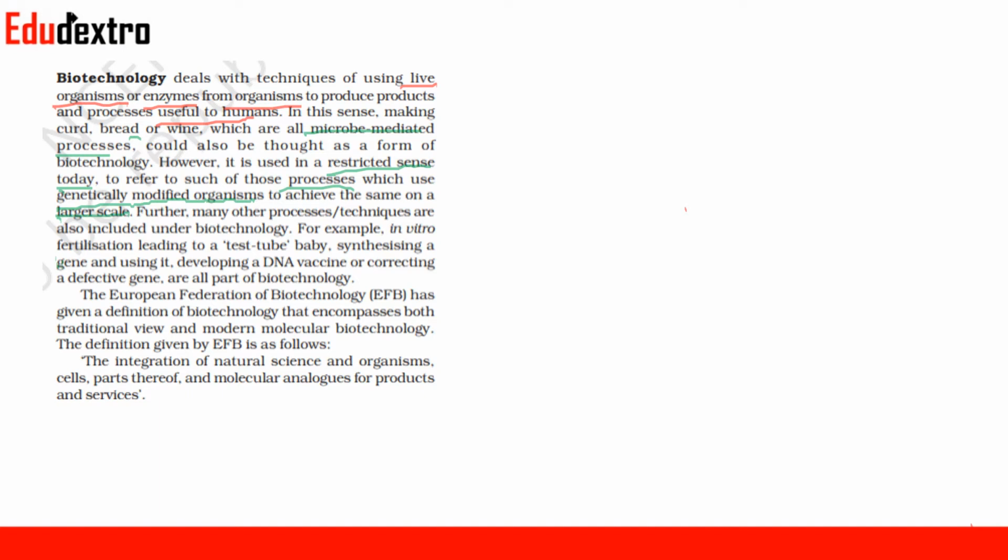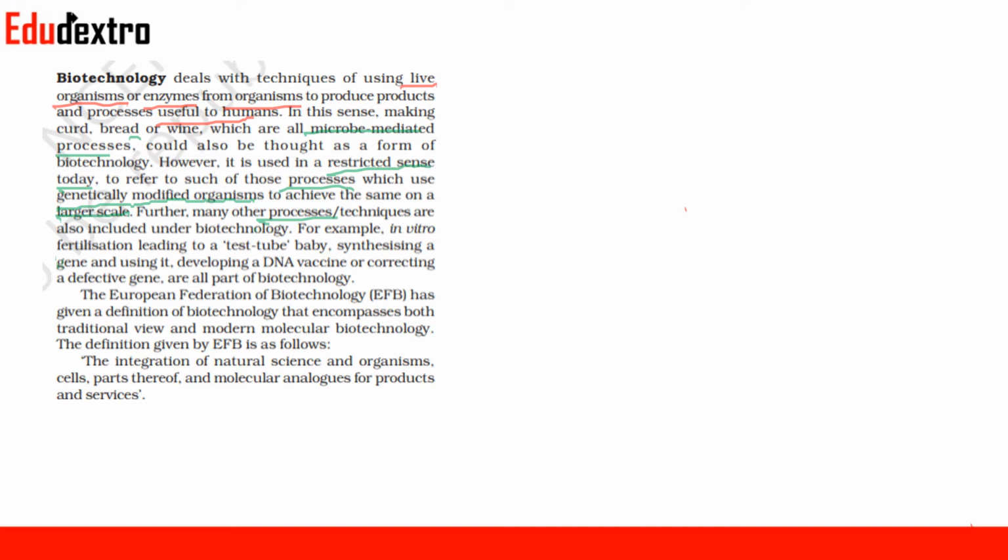So now it is not only these microbes and their enzymes which are used in biotechnology, but there are genetically modified organisms which are used according to our own needs to produce the product on a larger scale. Even many other processes are also involved today under biotechnology.